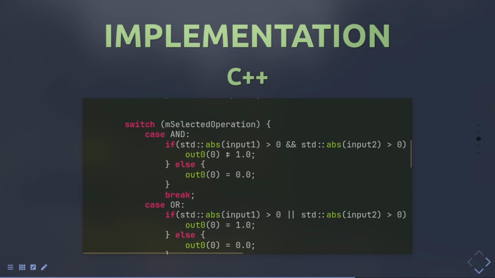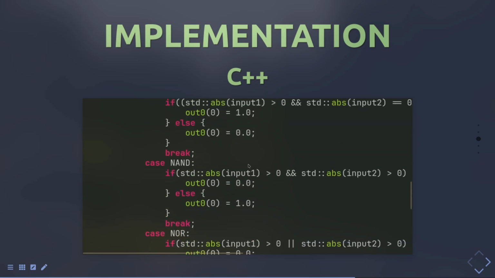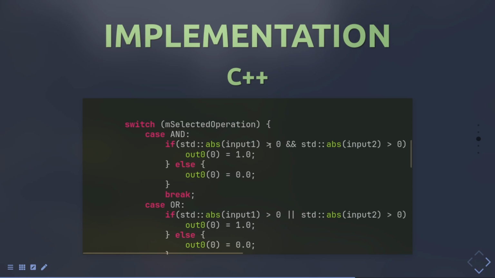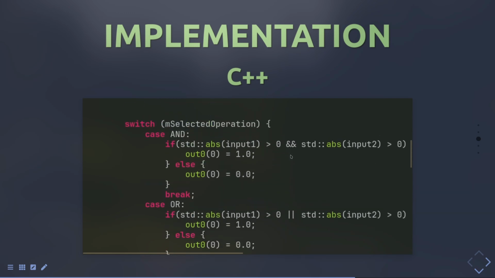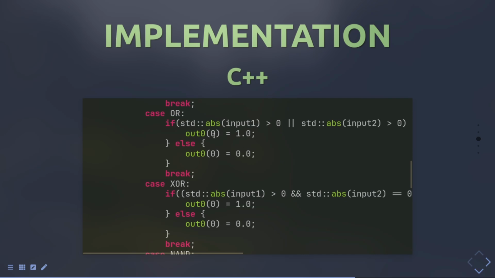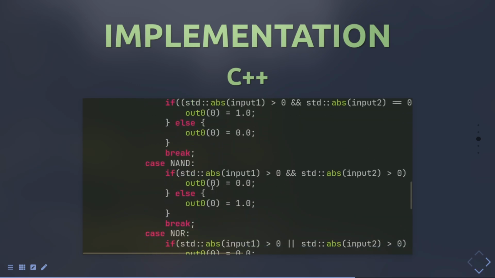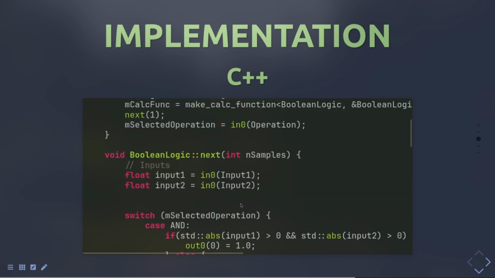So we take the absolute value of that to check if it is any value greater than 0, and then we compare those using the operations like an and, and depending on that, we output literally a 1 or a 0. When I said it was pretty simple to implement in code, this is what I meant. This is what code is really good at doing.